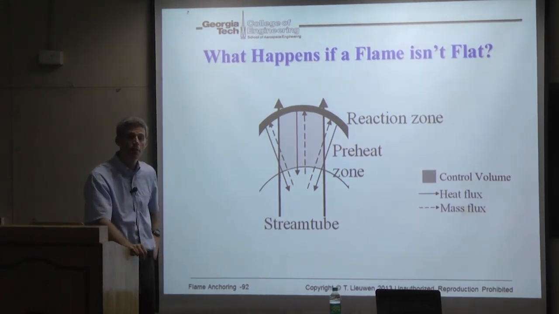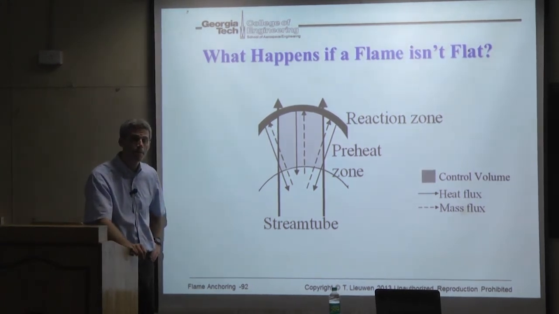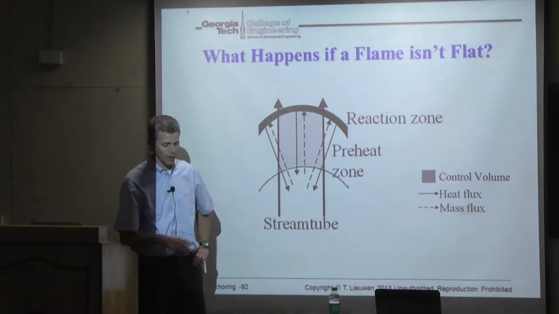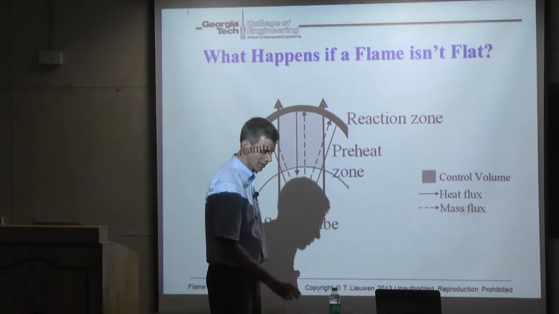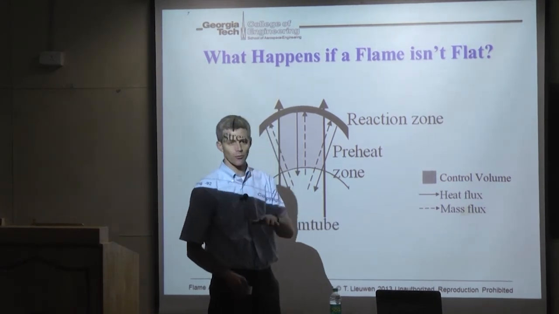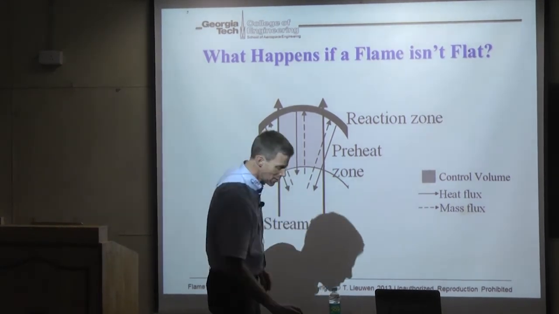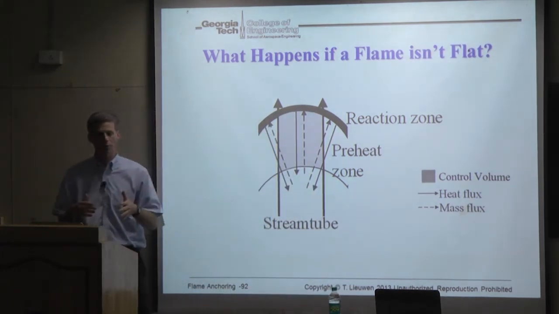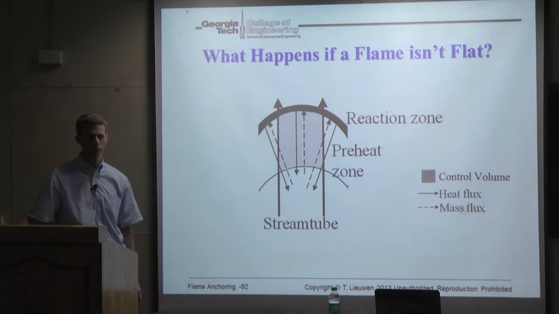Yes? Yesterday, in one of the figures you showed that because of the curvature effect, the velocity vectors converge. Why don't we see that? Well, you're absolutely right. I'm not going to add that additional wrinkle here. But certainly when you curve the flame, it distorts the streamlines. Yes, good point.